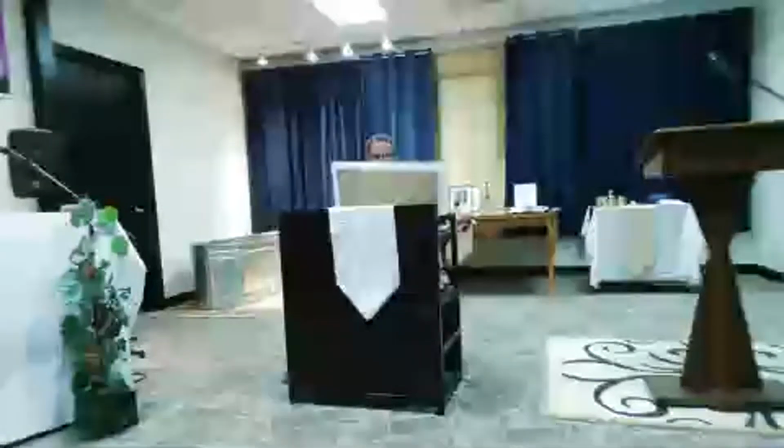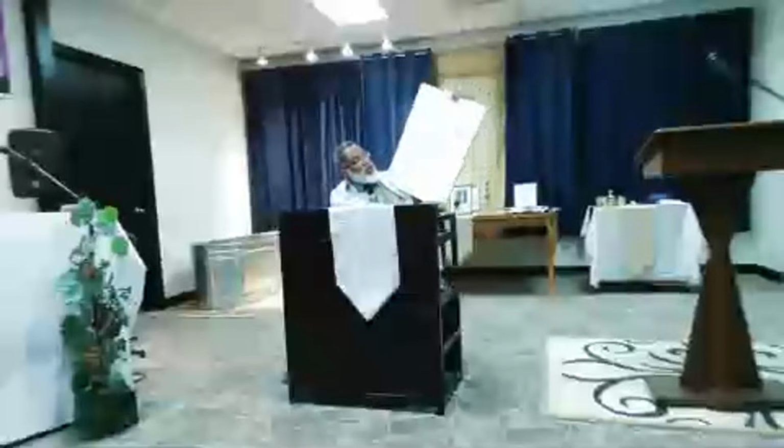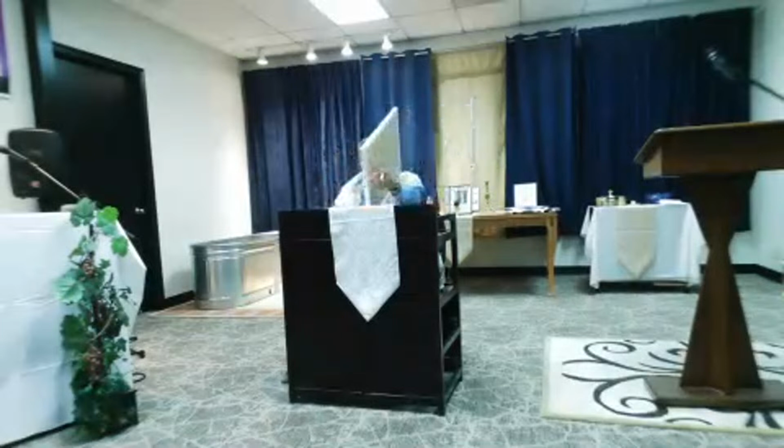All right. What about the kuf? The kuf looks kind of like this. It's like a sun on the horizon this way, but this is how it would be presented. What is the meaning of the kuf?